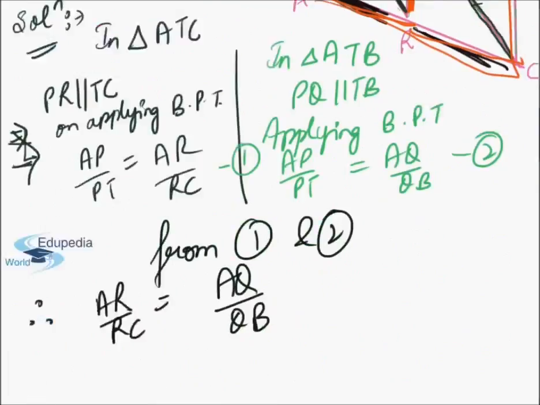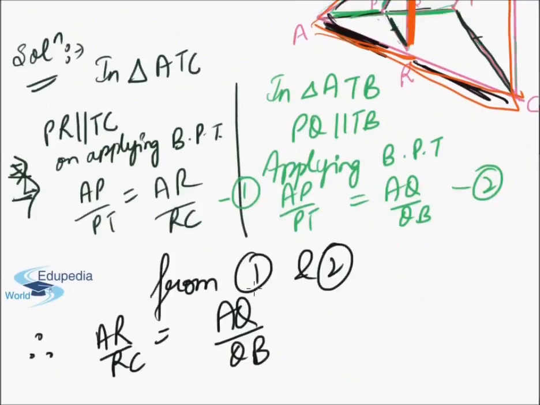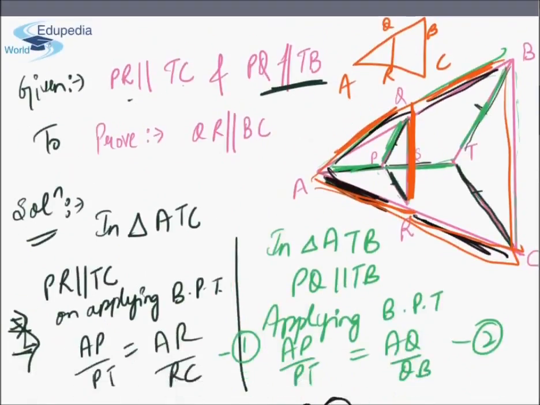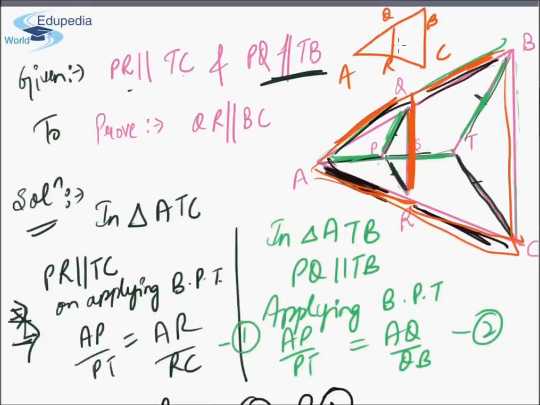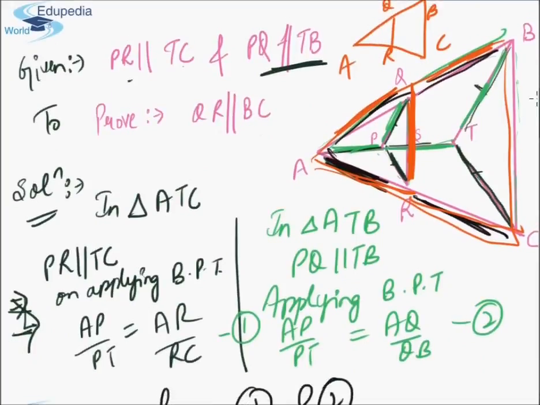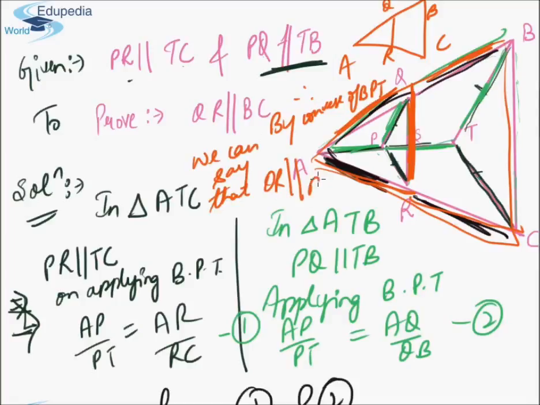But we have proved that AR over RC is equal to AQ over QB. Therefore, by converse of BPT, we can say that QR is parallel to BC. Hence, we have proved the given two proof condition.